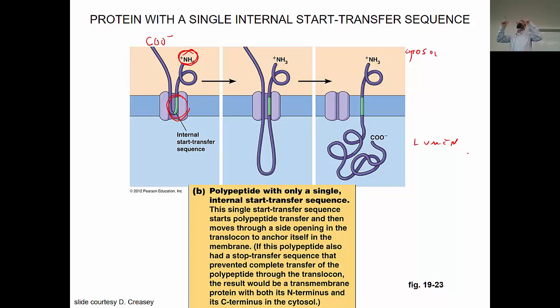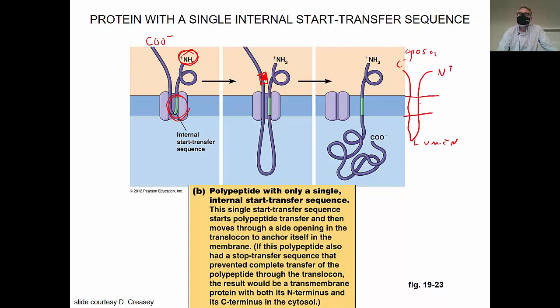We can also combine these, and there can be multiple start transfer sequences, start and stop. By combining start and stop transfer sequences, we can build multi-pass membrane proteins, ones that move through the membrane more than once. So for example, if in this example there was a stop transfer sequence here, remember when that moves into the translocon, it would be released, and our final protein would look like this.